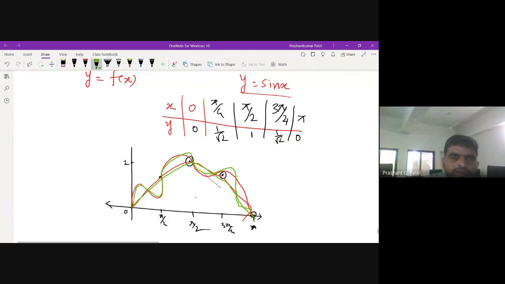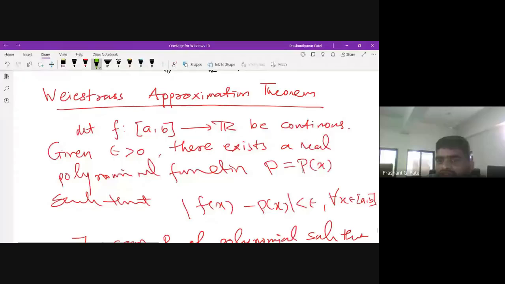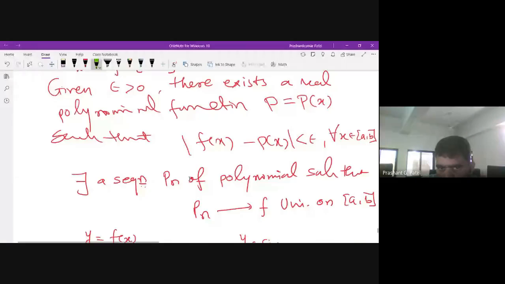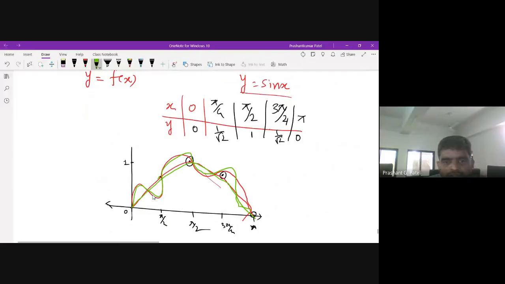So this Weierstrass's approximation theorem says that there is one sequence of polynomials. That means all the polynomials which are passing through those points, which we have drawn in black color, whatever polynomials you can plot, all of them will converge to this red graph which we plotted earlier, the sine graph.